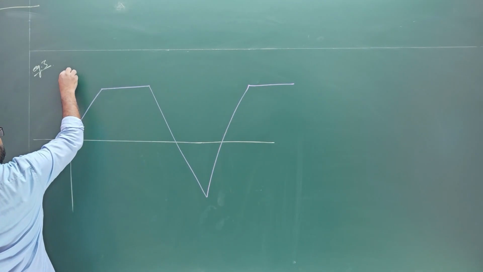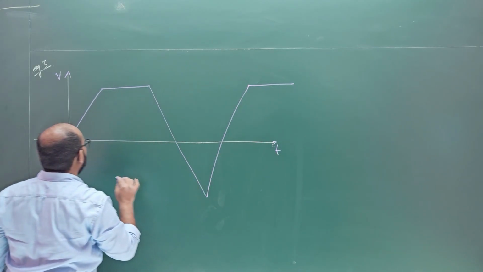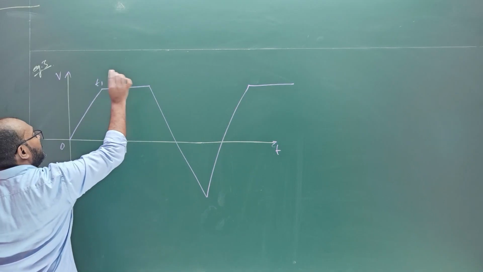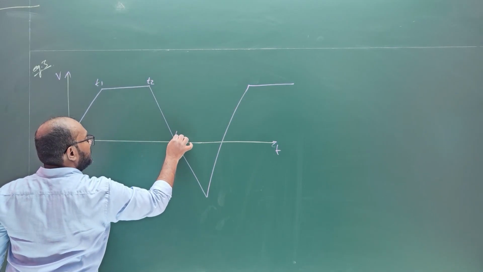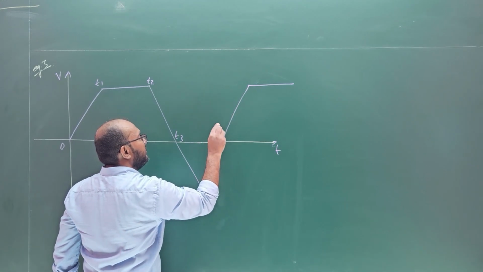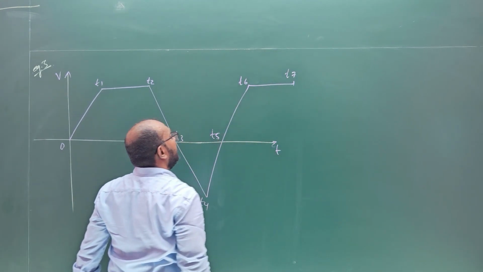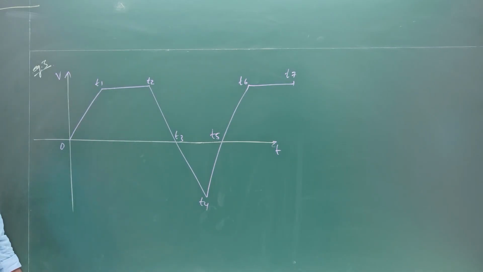So this is your V, this is your time t, 0, t1, t2, t3, t4, t5, t6, here t7. Draw x-t and v-t again.